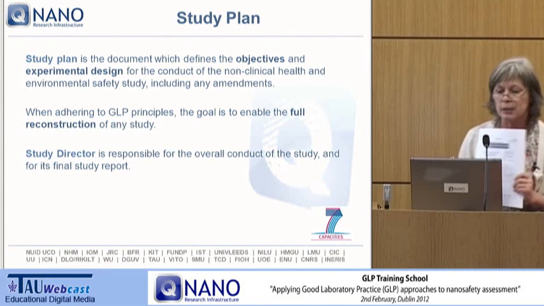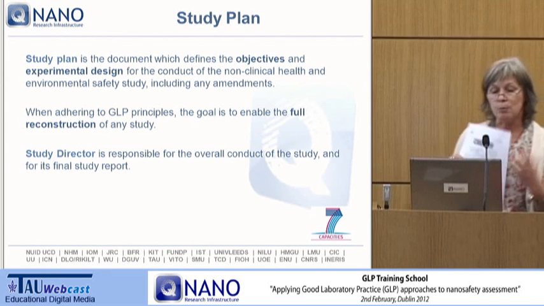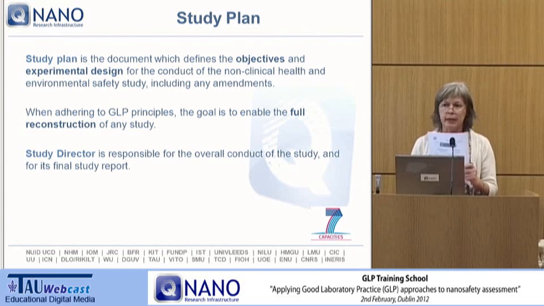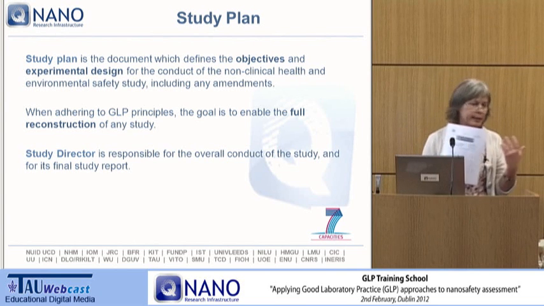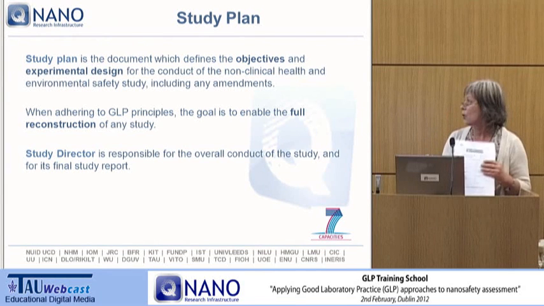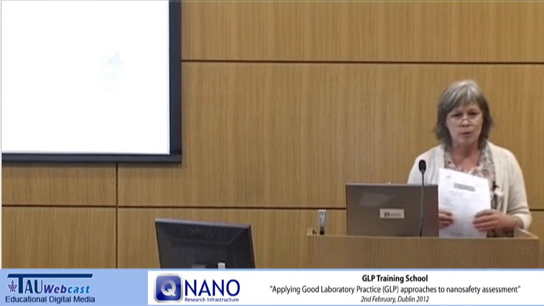Adhering to GLP principles, the goal is to enable full reconstruction of any study, so this study could be repeated, of course, by trained personnel. And as was already said, the important persons are the study director, QA, and also the study personnel who are performing the study.